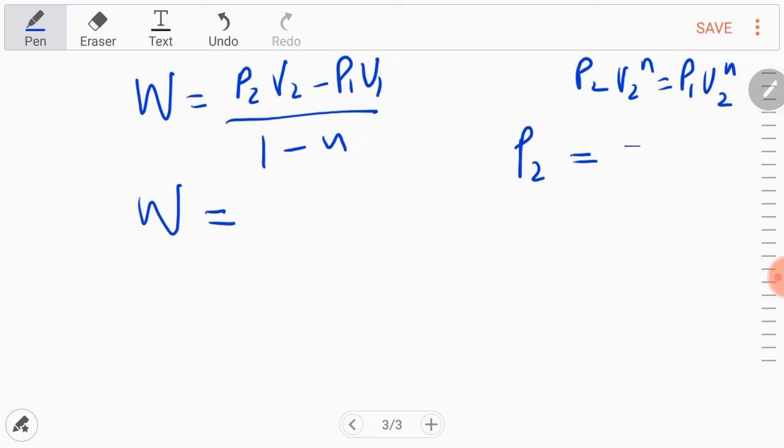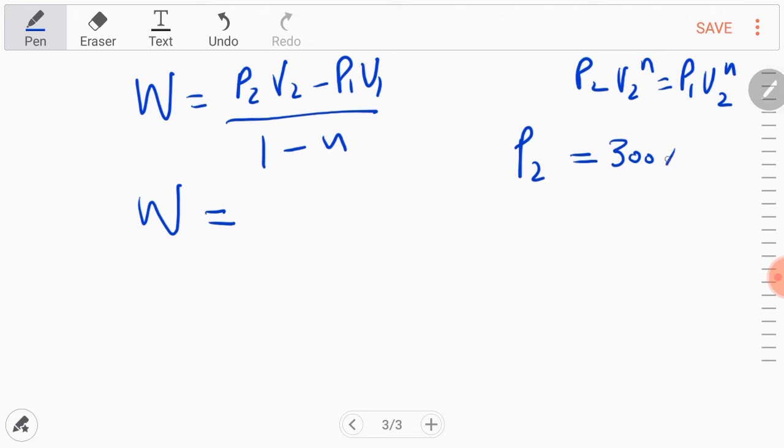So in kilopascal it is 100 kilopascal, and 3 bar is 300 kilopascal. So we can write 300 directly, because we want to get the answer in kilojoules, so we have to put the pressure in kilopascal instead of Pascal. So 3 bar is equal to 300 kilopascal.